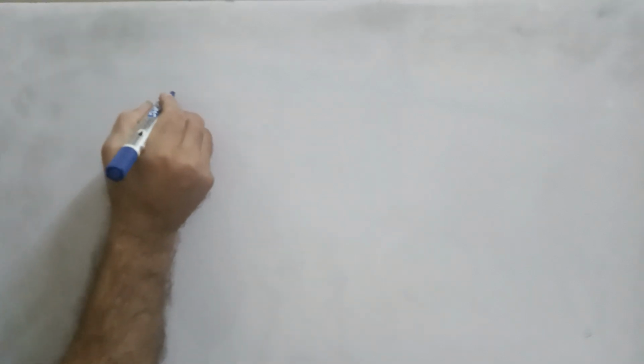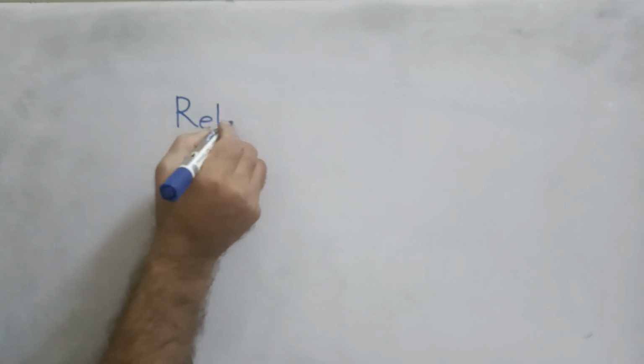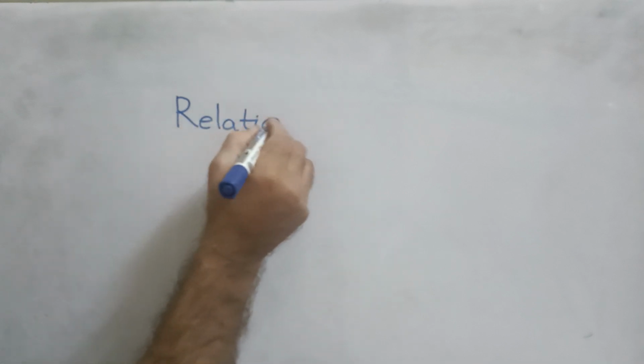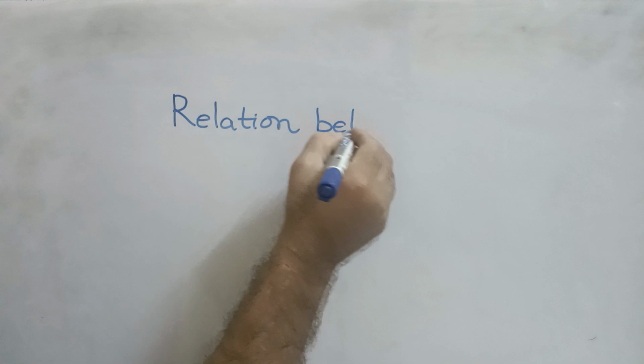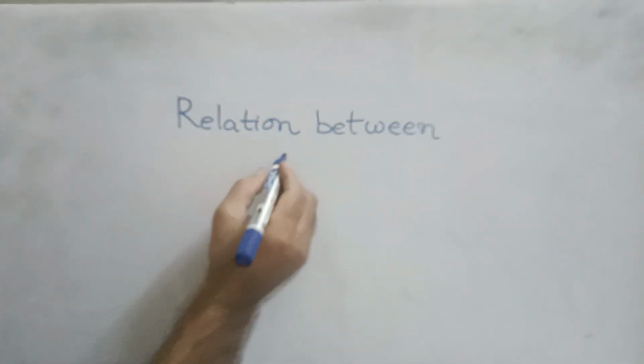Today, we will see brief information on the relation between the autocorrelation function and the power spectral density, right?